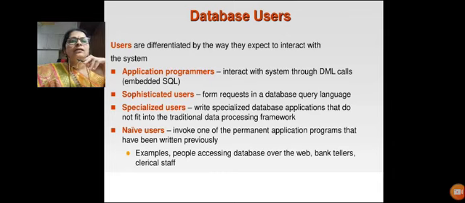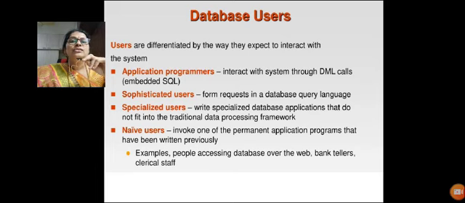It means they can create a program in an embedded way. A high level language program can be embedded with SQL queries, and the professional who knows that type of programming is known as an application programmer.